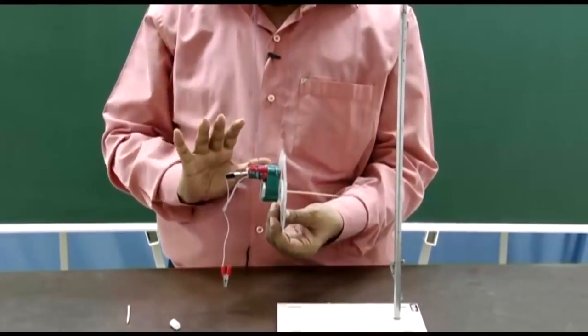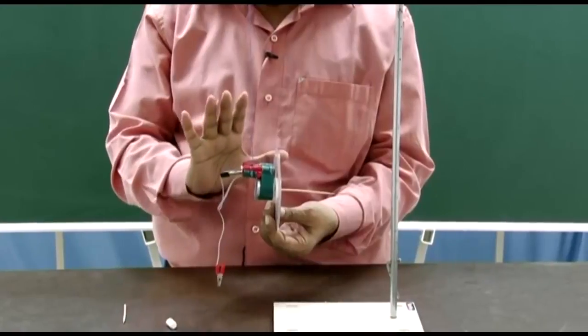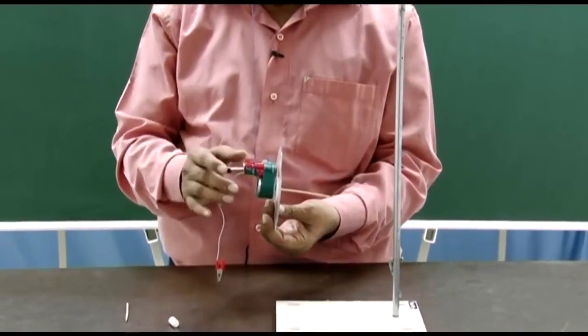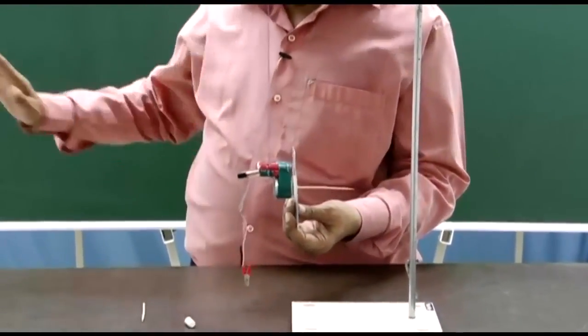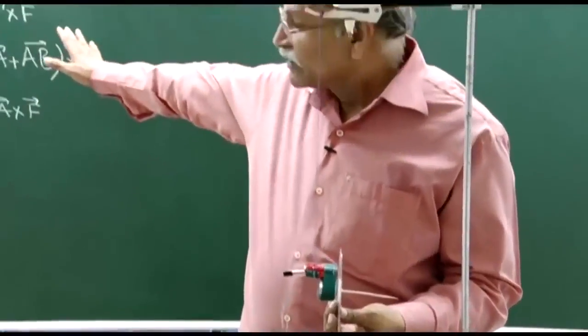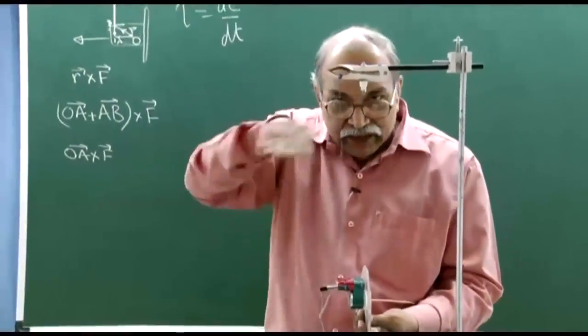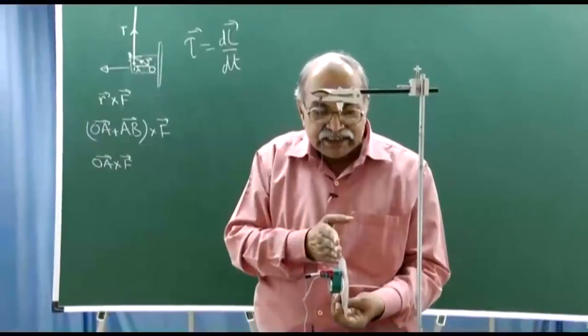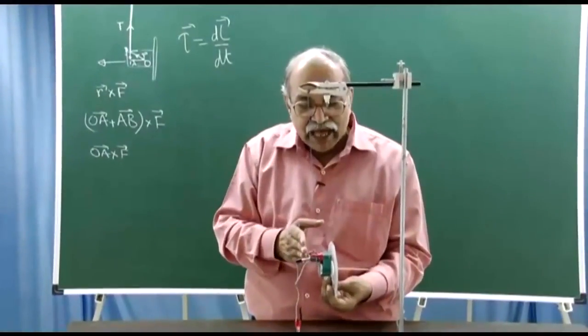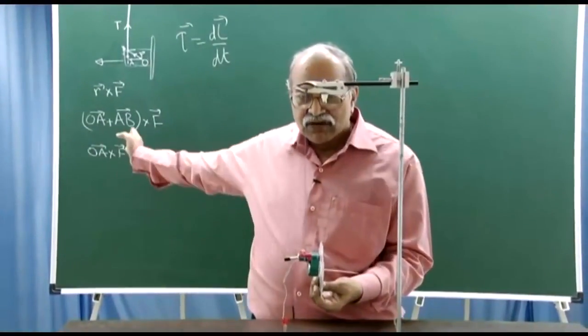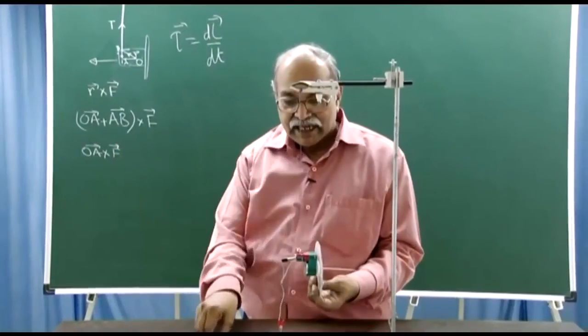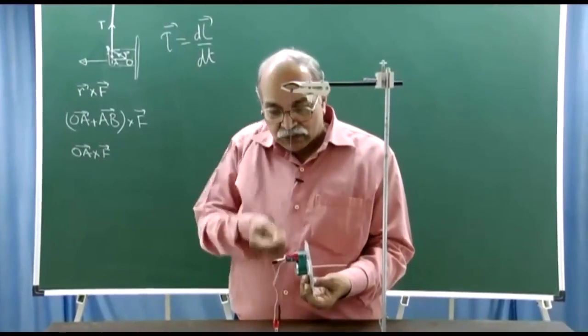Once again, the situation as far as the torque calculation is concerned is the same as that shown on the board. When the CD is here, the motor is here, and the battery is here, the torque is just like that, and the torque direction will be towards me.